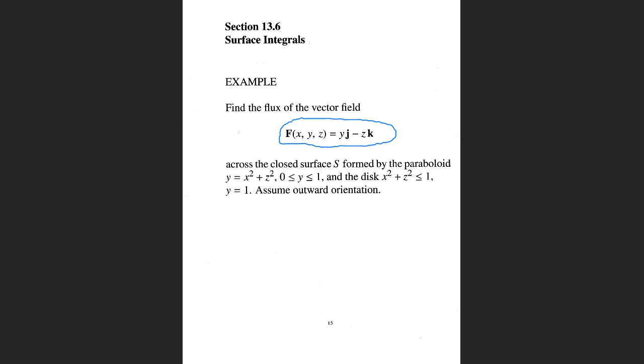It doesn't have to be a closed surface, but in this case I'm using one. The closed surface S is formed by the paraboloid y equals x squared plus z squared, for y greater than or equal to 0 and less than or equal to 1, and the other surface is x squared plus z squared less than or equal to 1 when y equals 1. We're assuming outward orientation.